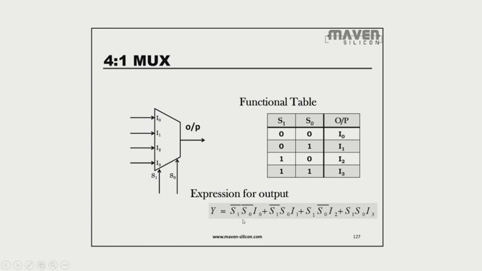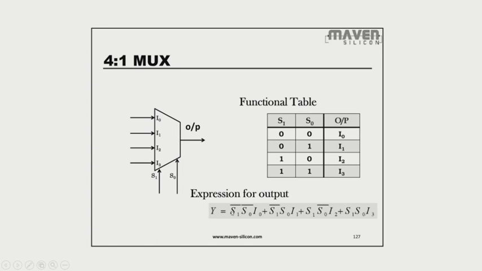Suppose we have two variables s1 and s0. For s1 and s0, in this expression we have seen that they generate four minterms: s1 bar s0 bar, s1 bar s0, s1 s0 bar, and s1 s0.